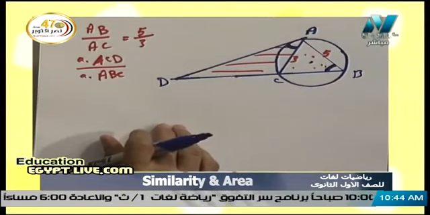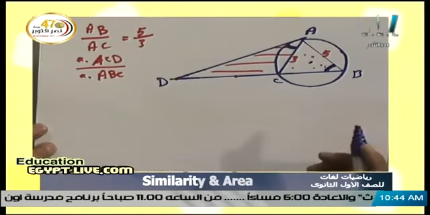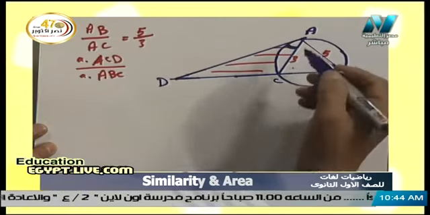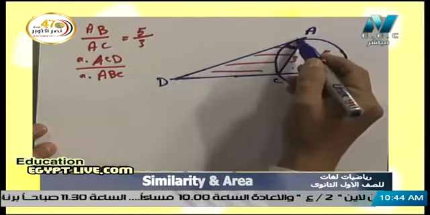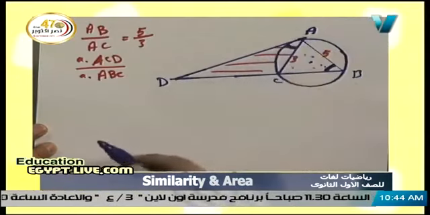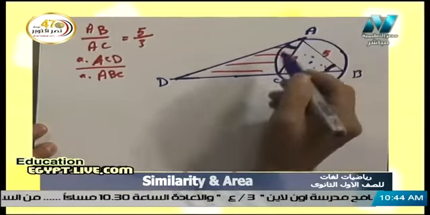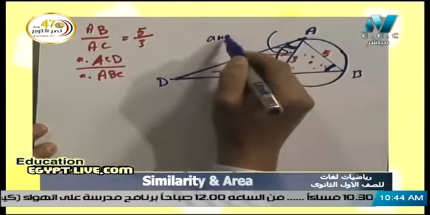Okay, and if you don't know about it, I tell it to you now: if we have a tangent that touches the circle at one point, as we see now, at A, and we have a chord, the angle here is called the angle of tangency.